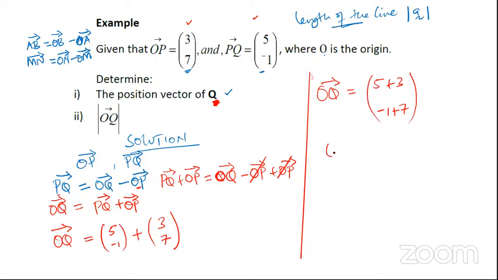And therefore our vector OQ will be equal to this: 5 plus 3, we shall get 8, and minus 1 plus 7, we shall get 6. This will be our Q. Of course, if you want to write it in that way, this is what we have.